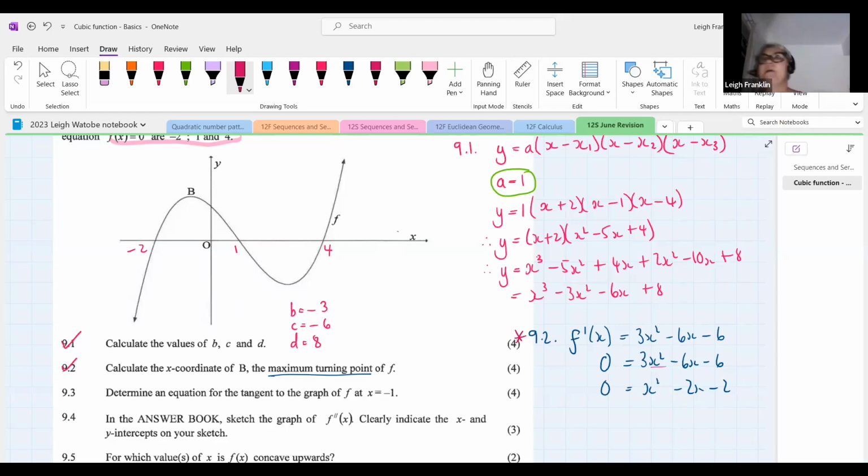Now, looking at that, that is not going to factorize. Okay, it's not going to factorize. So it means we would have to use the quadratic formula. So x would be equal to negative b plus or minus the square root of b squared minus 4ac, all over 2a.